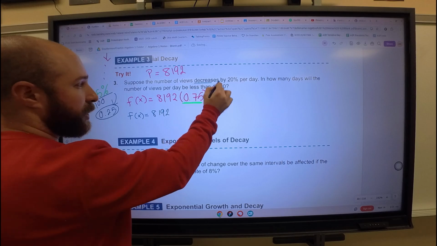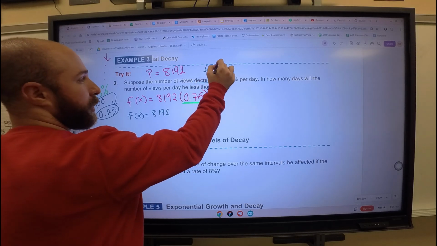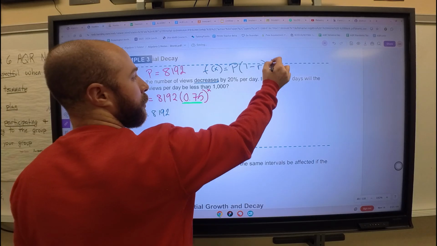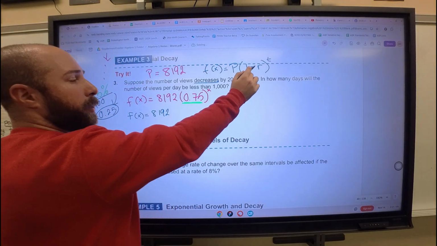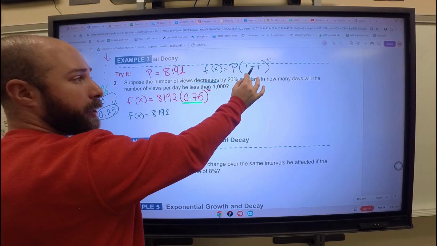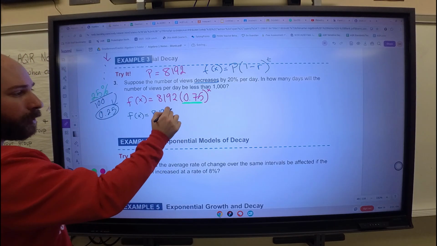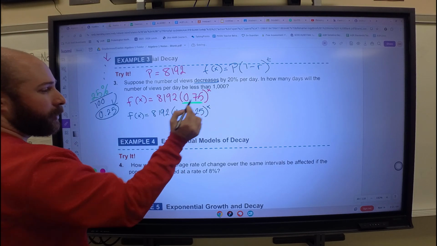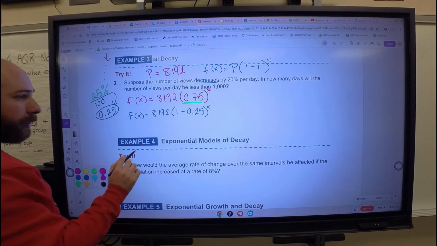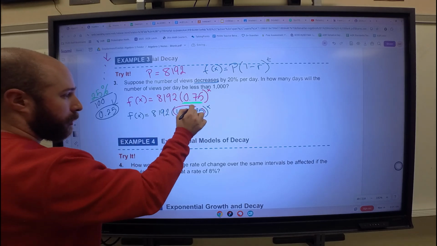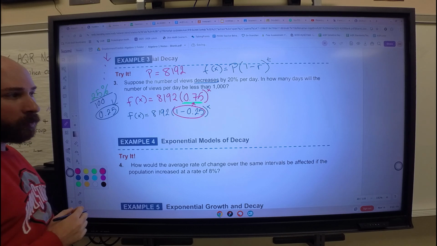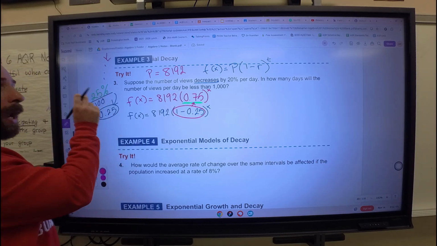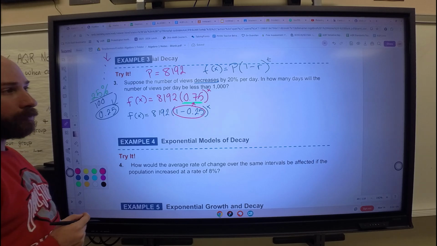Because it's a decrease, we are using the decay function, which has a minus sign inside here. So they're doing 1 minus 0.25. And that is where this number comes from. Okay, so we just have to be able to understand where that 0.75 is. They're subtracting 25% off. Okay?